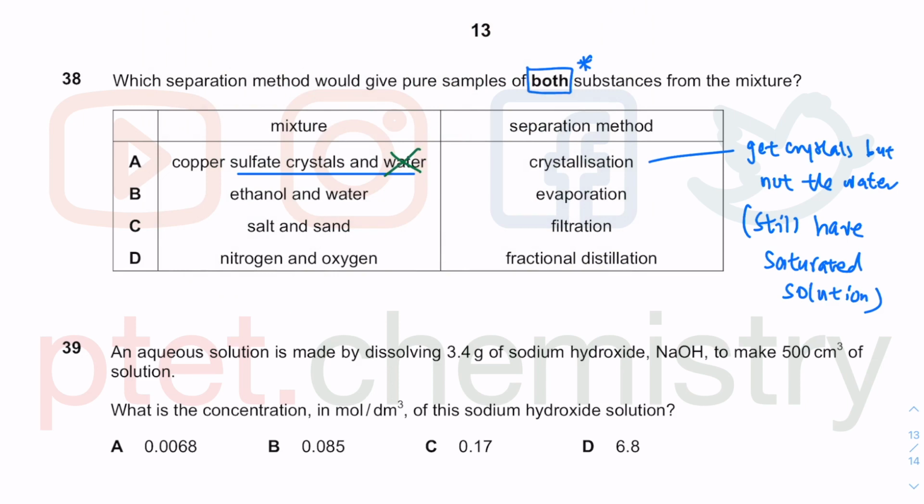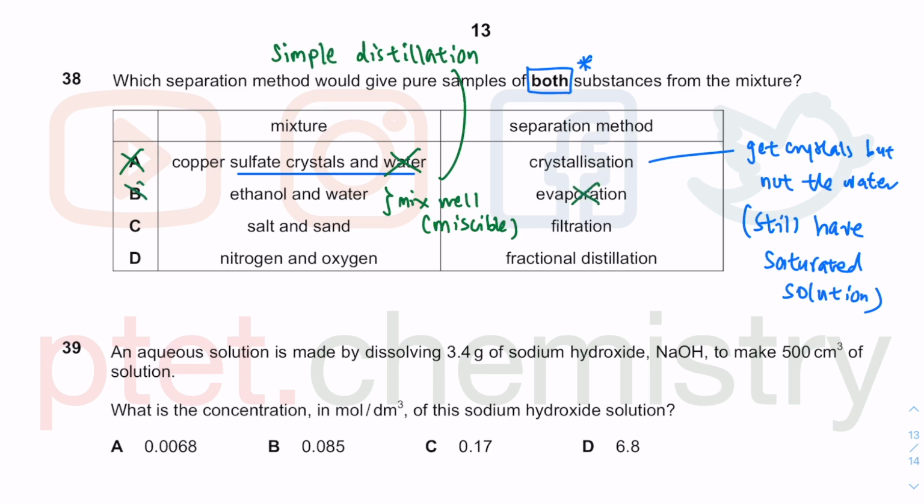And therefore this method is not good. Ethanol and water mix together well, they are miscible. So to separate ethanol and water, we need a simple distillation. Very common thing, not evaporation there.